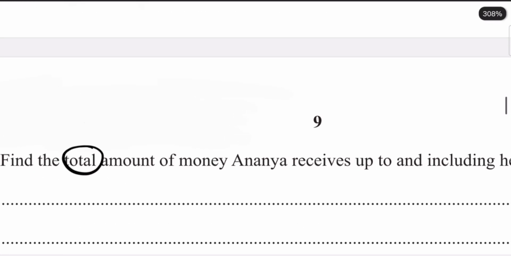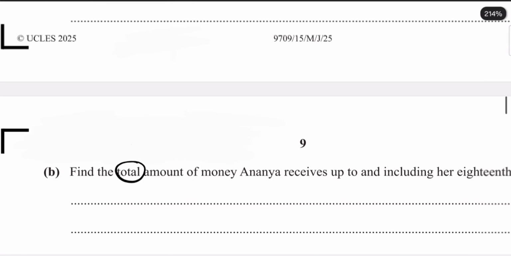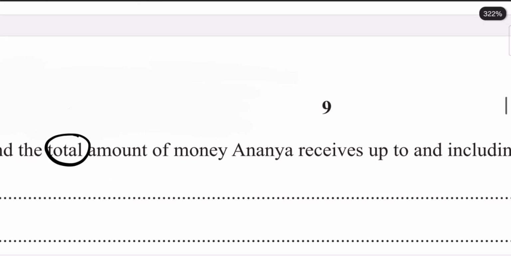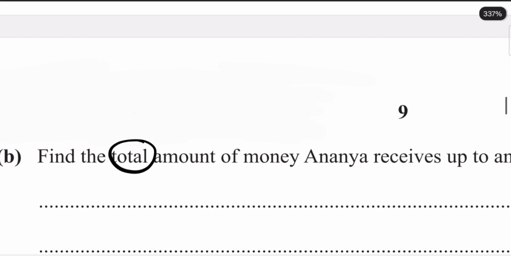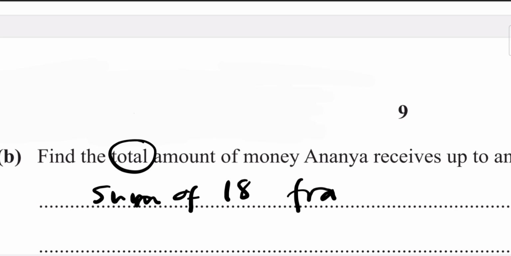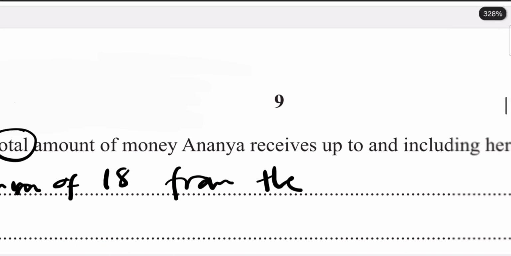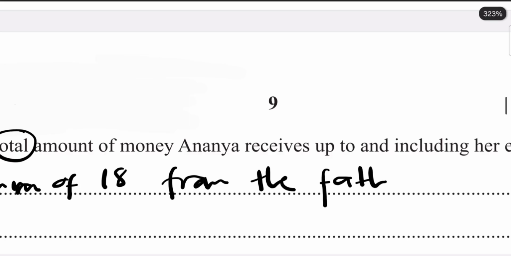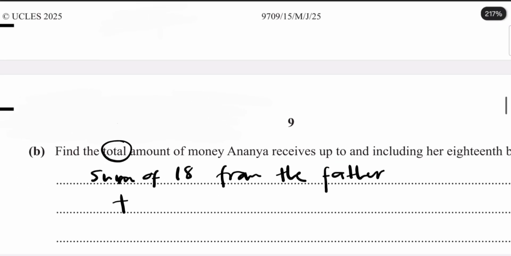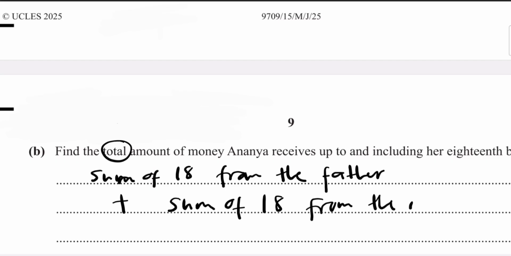So we're going to be dealing with the sum of the first 18 terms of the AP, that is from the father, sum of 18, then we add the sum of 18 from the mother, right?